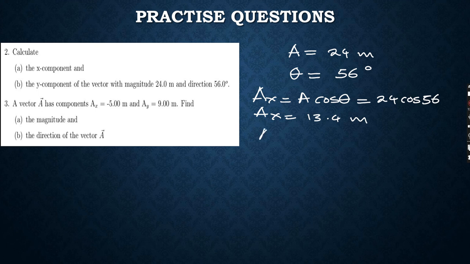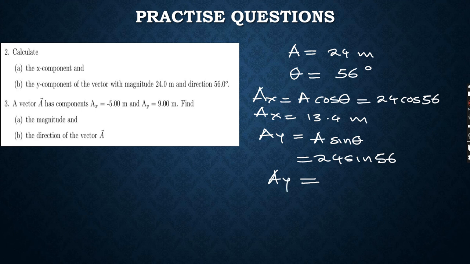So our y component is A sine theta, where our A is still 24, then sine 56. How are we going to find our y component?